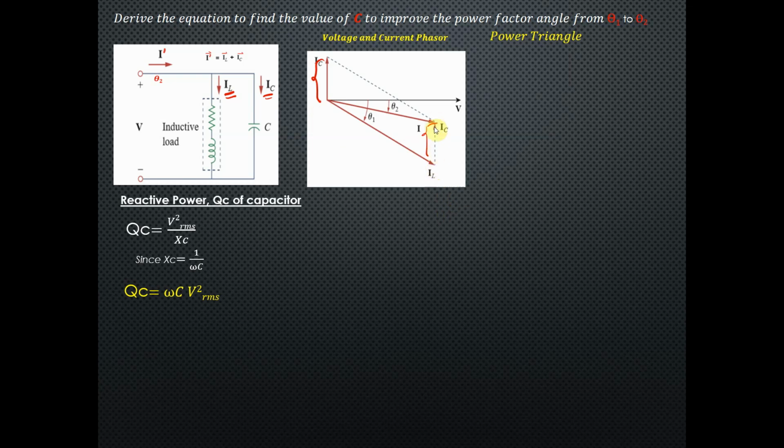So this will subtract here. The total current, I prime, is shorter than the original IL. What does it mean? When we put a capacitor, we reduce the current I, so it becomes I prime.